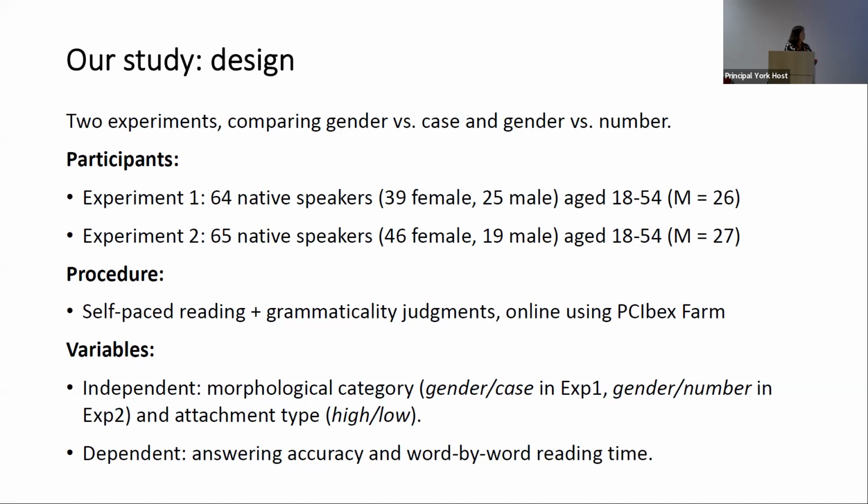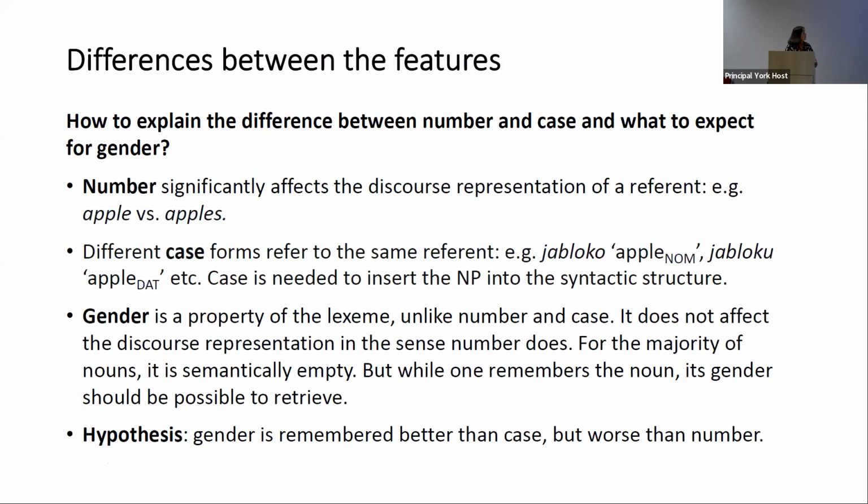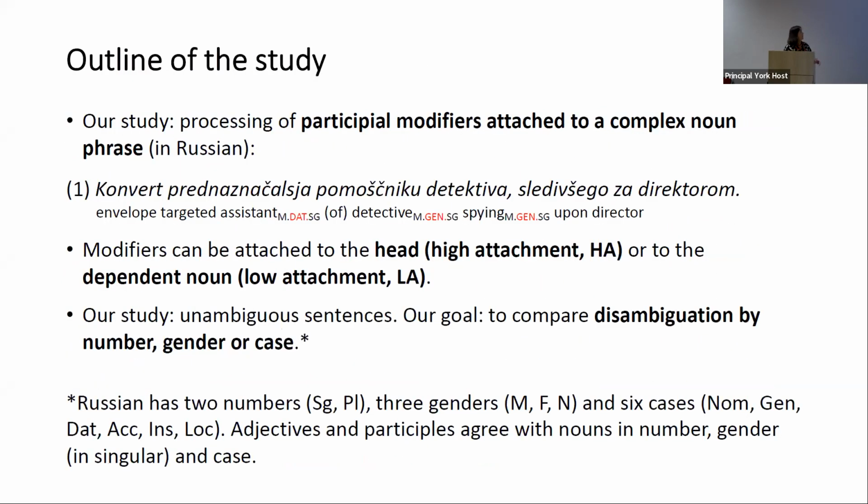The procedure was a self-paced reading task. Plus, actually, this is not quite correct, not grammaticality judgments. We had comprehension questions, which targeted the attachment site. So we asked, for example, if we come back to the sentence with the envelope, who followed the director, the assistant, or the detective.